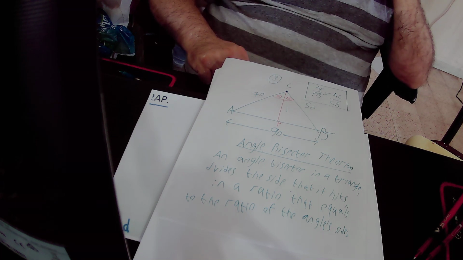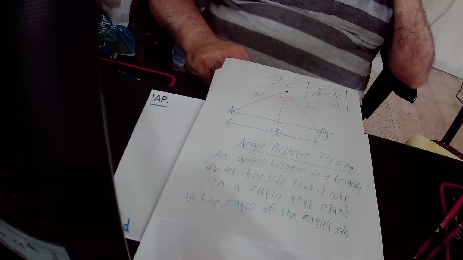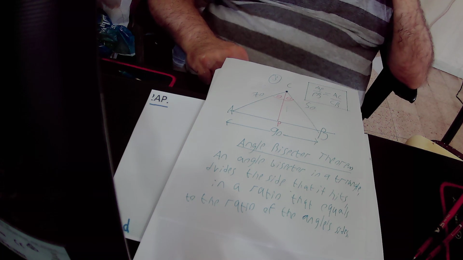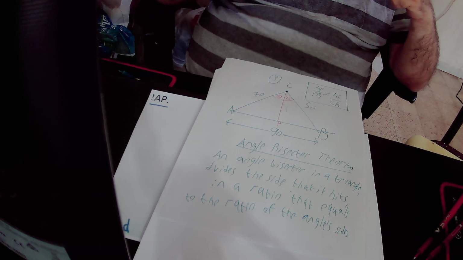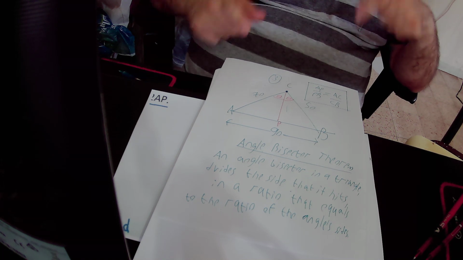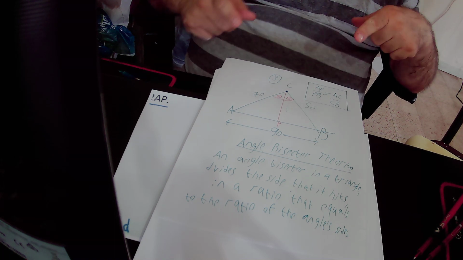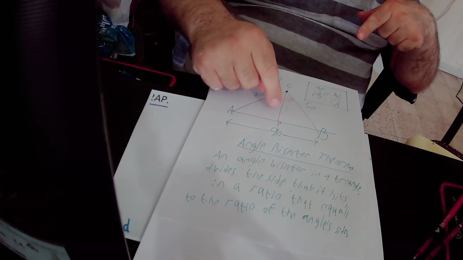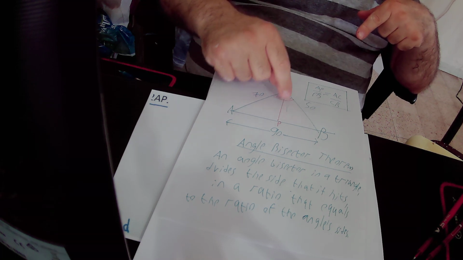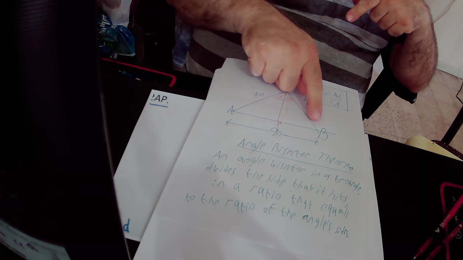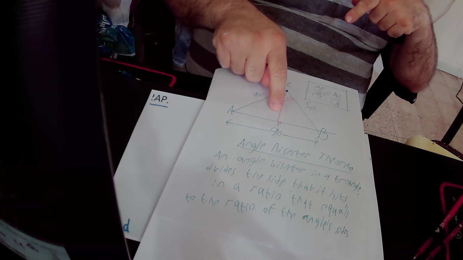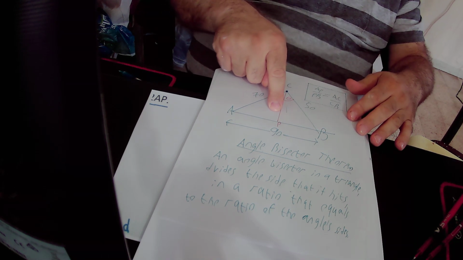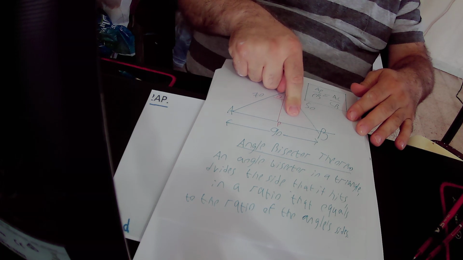Okay, so the theorem states that an angle bisector in a triangle, in this particular case triangle ABC, divides the side that it hits. The angle bisector PC hits side AB of triangle ABC, and it divides it into two parts.